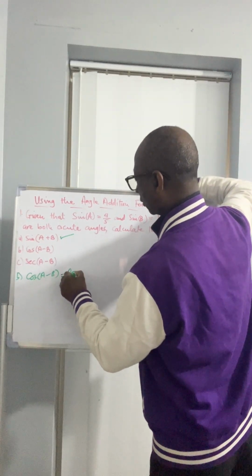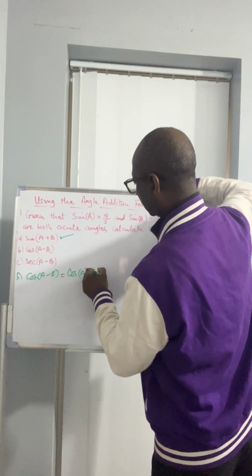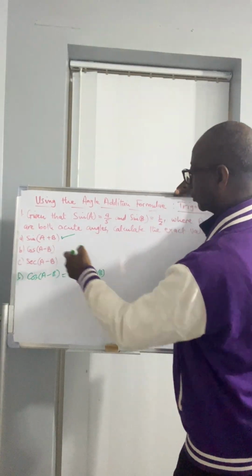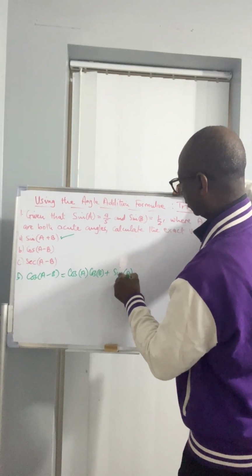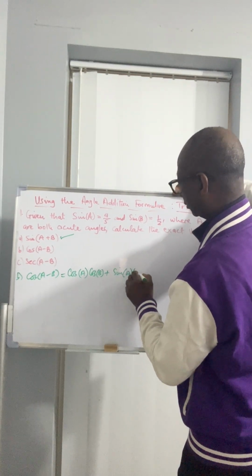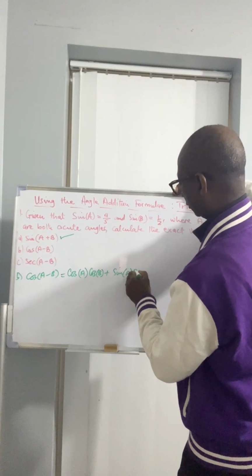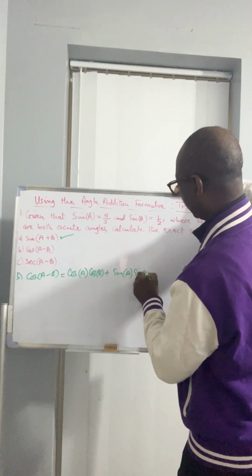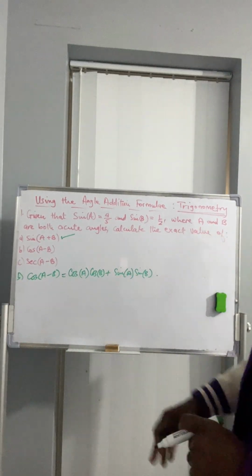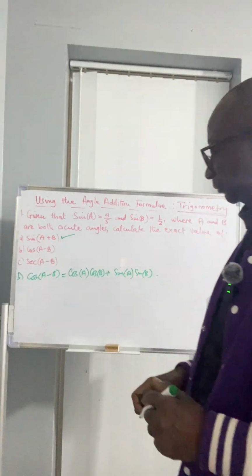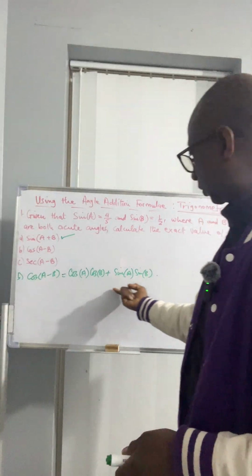This is the cosine of A and the cosine of B plus the sine of A times the sine of B. If you expand this expression according to the angle addition formula, this is what you get.